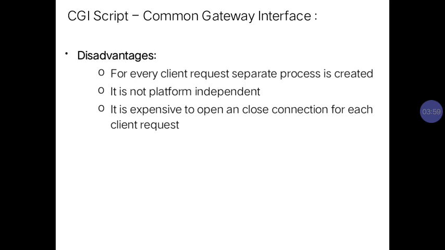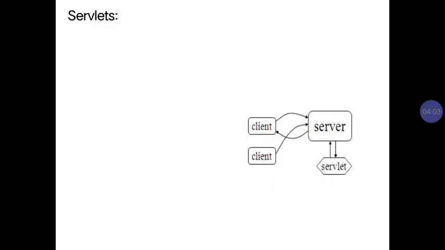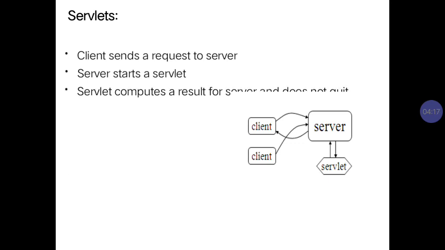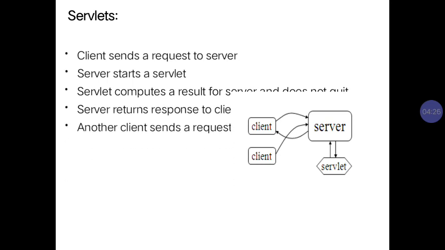So as an alternative to CGI, we are using the best option, that is servlet. Here we can see how it works. The client sends a request to the server. The server starts a servlet. See, the servlet is situated on the server side. The servlet computes the result for the server and does not quit. The server sends the response to the client.